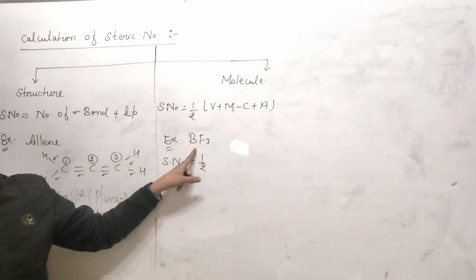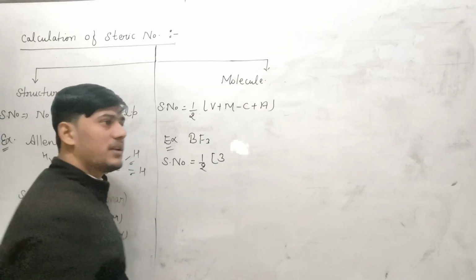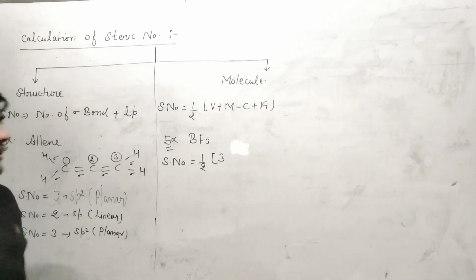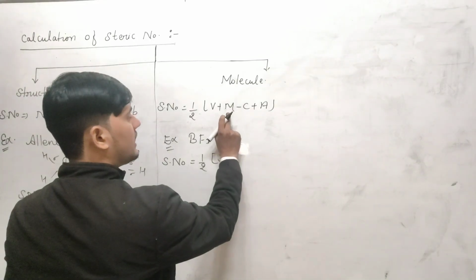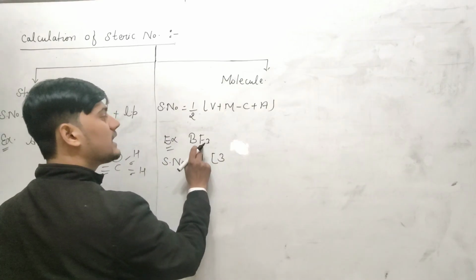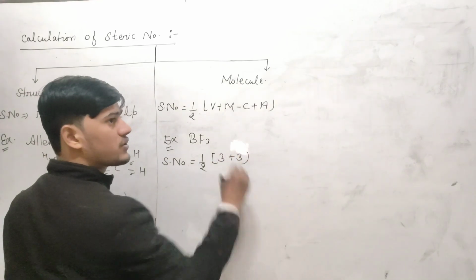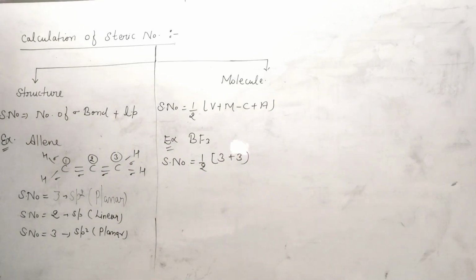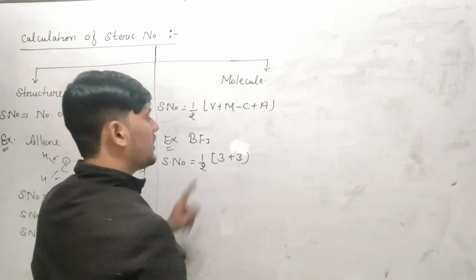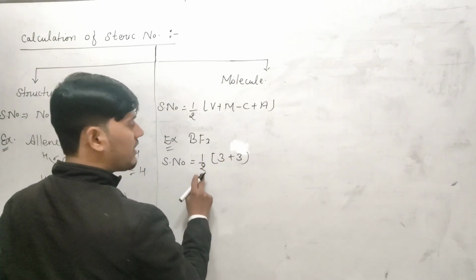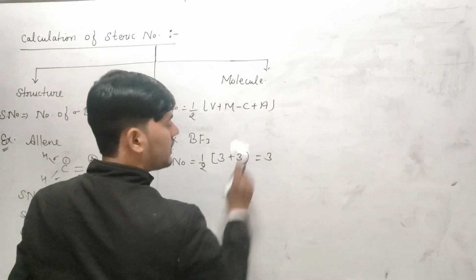Boron has 3 electrons, so there will be 3, and there are 3 monovalent atoms. So this is 3, and the steric number will be 3 plus 3, 6, divided by 2, equal to 3.